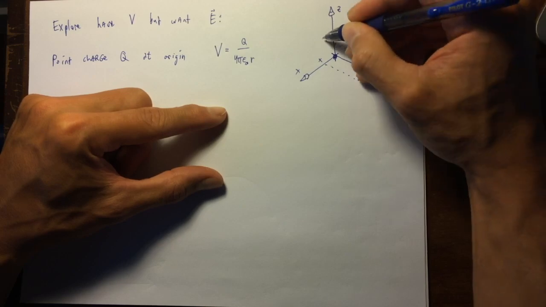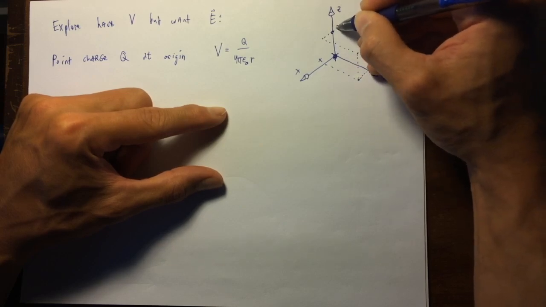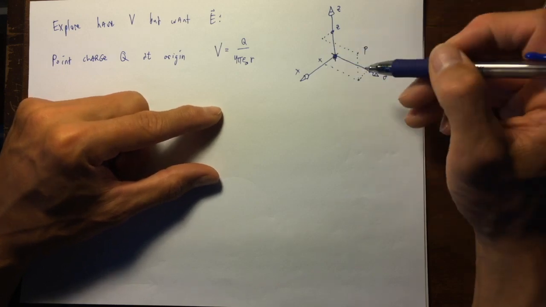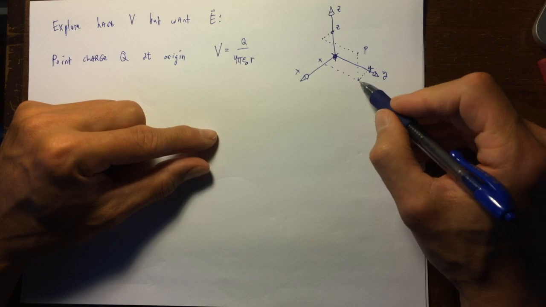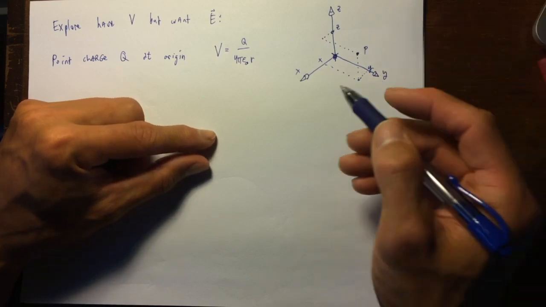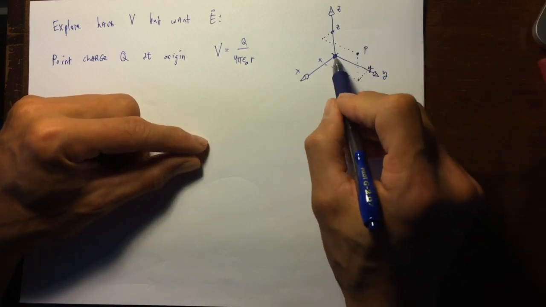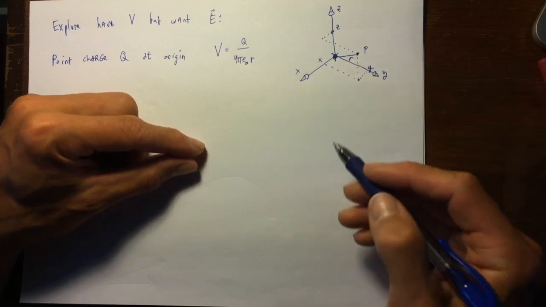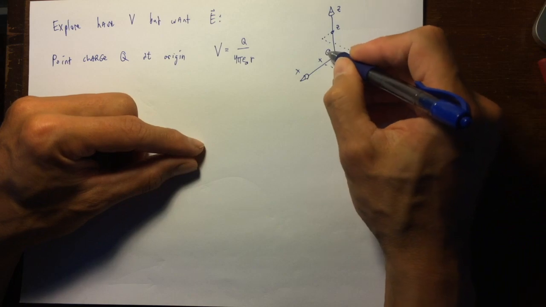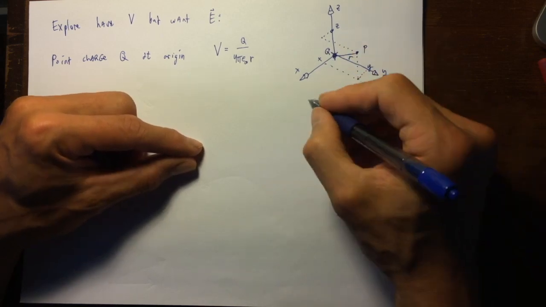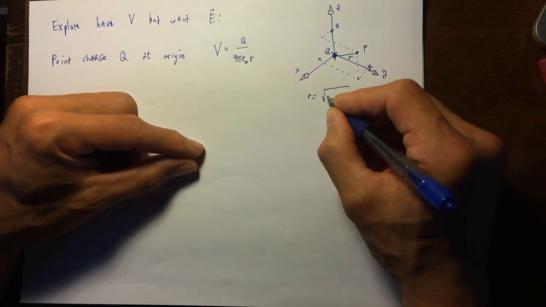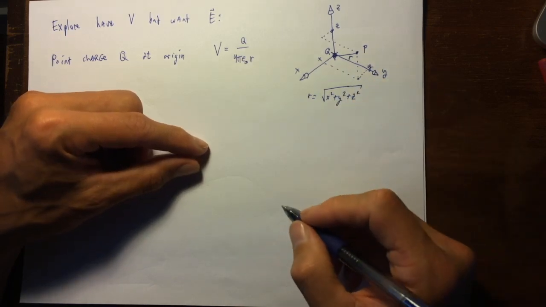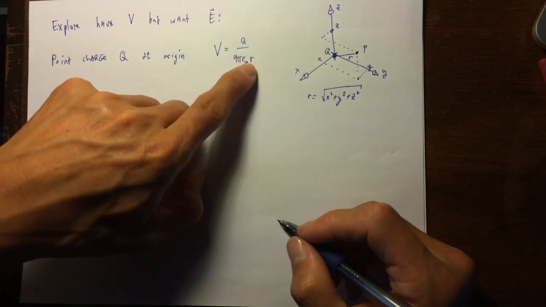It's hard to draw. This is the z coordinate. Can you see I drew a little solid rectangle almost in this dashed line? So that's how I'm going to sort of depict the position P. And that position P is a 3D Pythagorean Theorem distance R away from the charge Q. Q is at the origin, right? So R is just simply the square root of x squared plus y squared plus z squared, of course. That's the Pythagorean Theorem in 3D. So this is the R that fits right there.